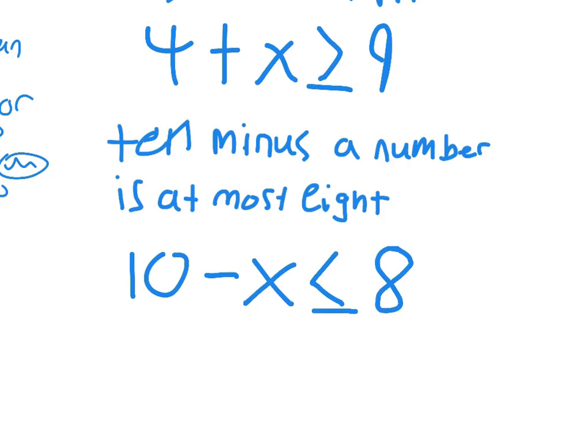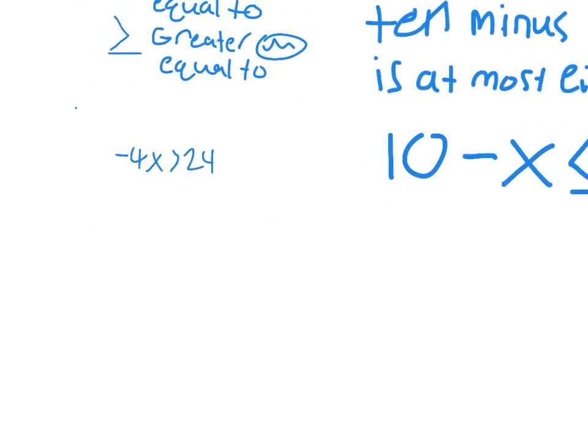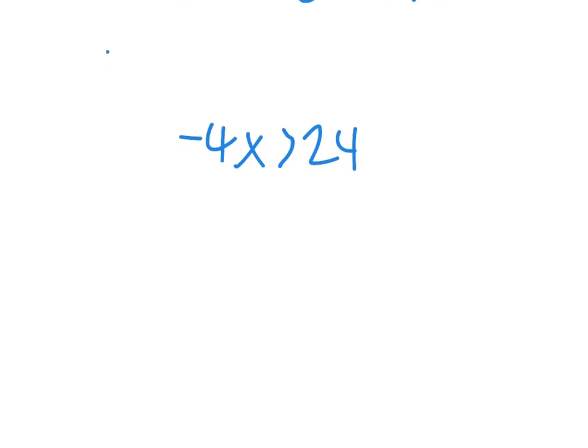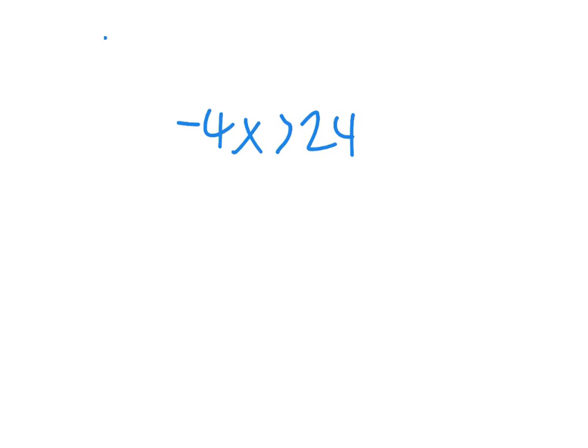Okay, so we're going to move down here. When we're doing inequalities, we need to remember what happens when we divide by a negative. I have this very simple problem. We're going to divide to finish the problem, which we will divide by -4.